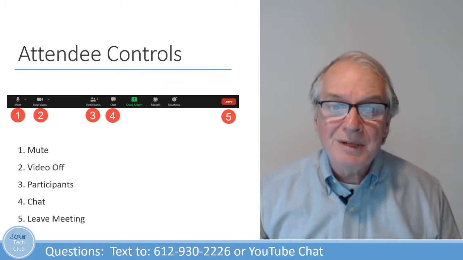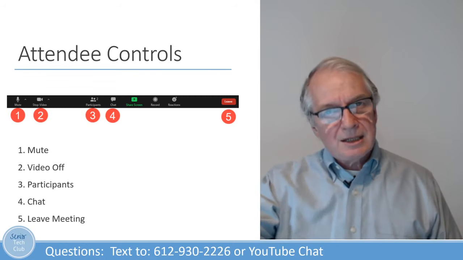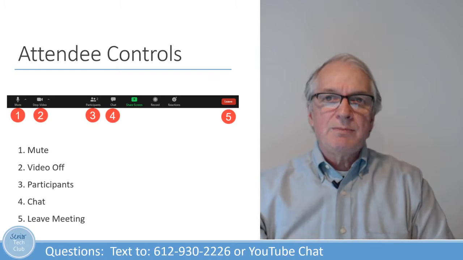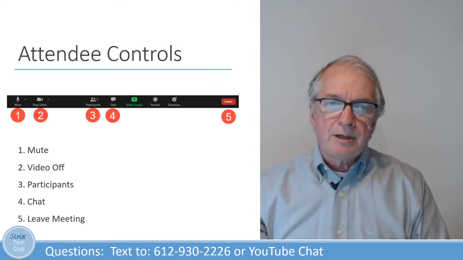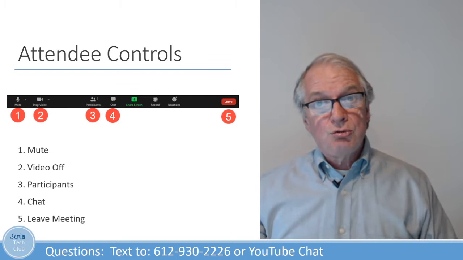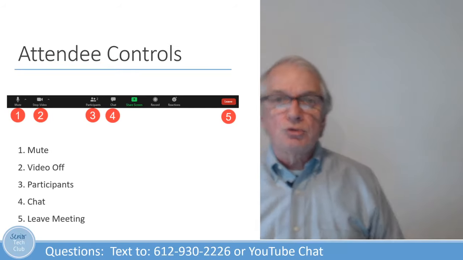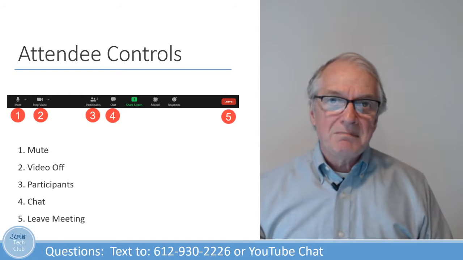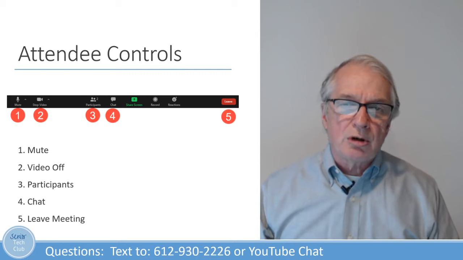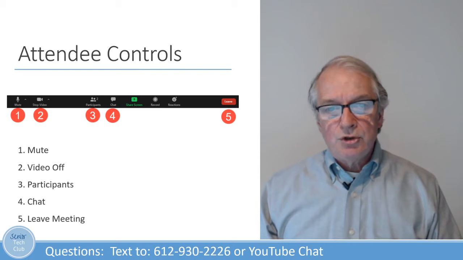Another function you have during the meeting is chat. Chat would mean sort of the equivalent of the chat on your YouTube screen, or the equivalent of a text message that you could send back and forth to other participants. When you do chat, you can send chat to the whole group, right? Or you can send chat to just an individual within the meeting. It's a handy way to just carry on a quick conversation, or pass along a quick note to another individual.